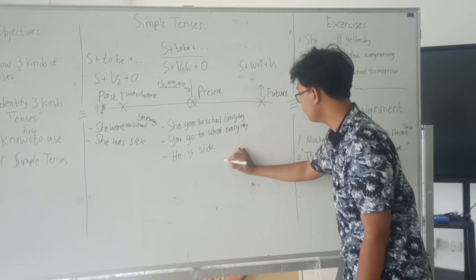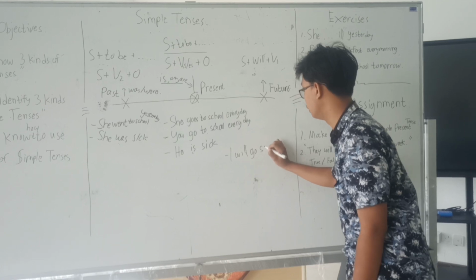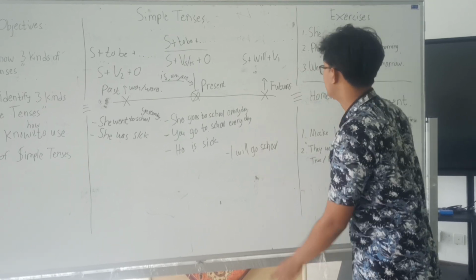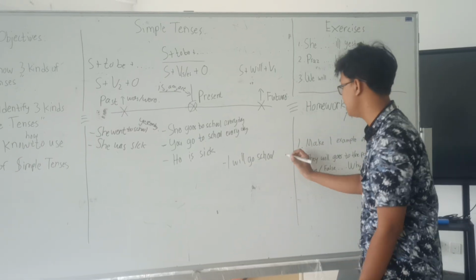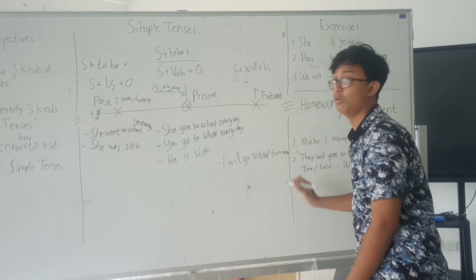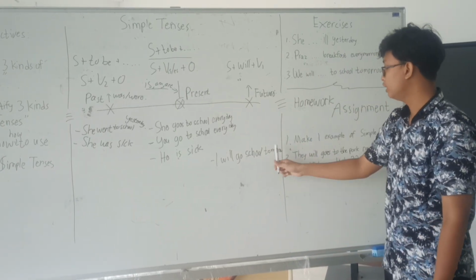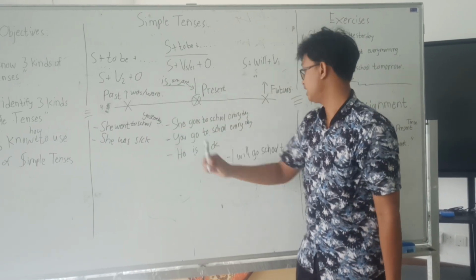For example: I will go. Because we are talking about the future, we need to add an adverb of time of the future, for example, tomorrow. Now notice the difference. The future uses tomorrow, the present uses every day, and the past uses yesterday.